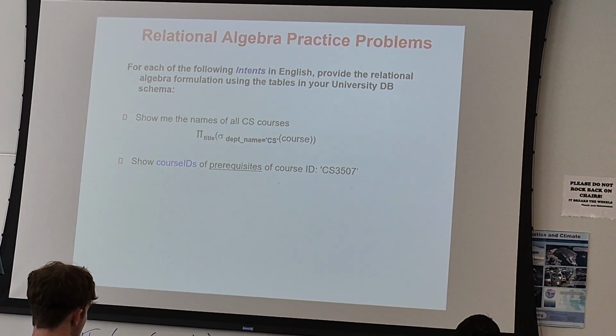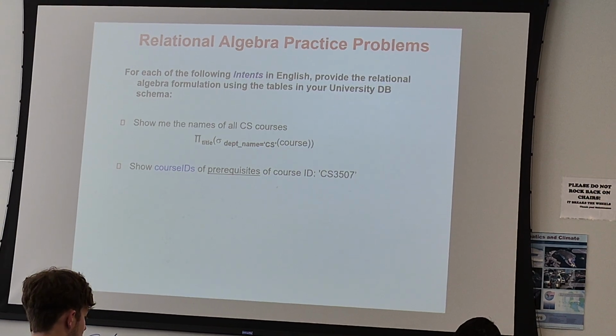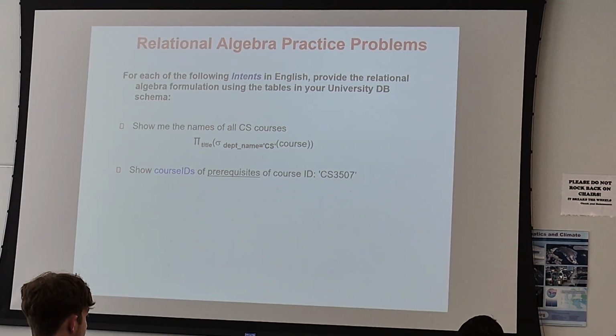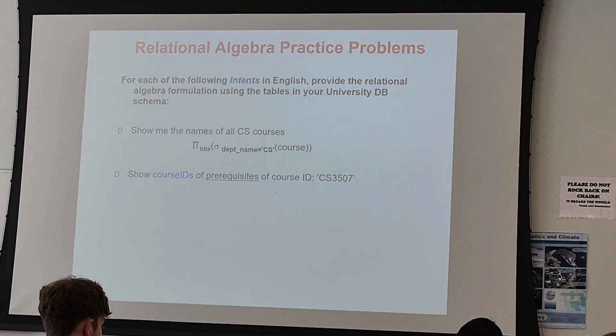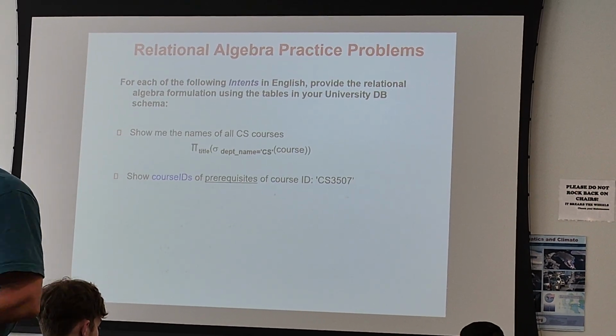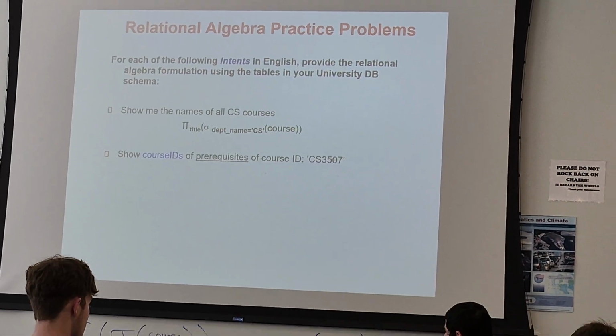And on this campus, you probably know that you have to have passed a CS 2322, for example, before you can take CS 3507. And so probably somewhere in that prereq table, there's a row. I'll just draw it up here.